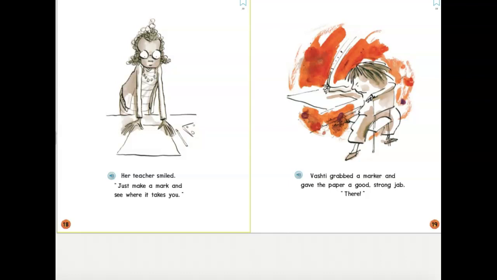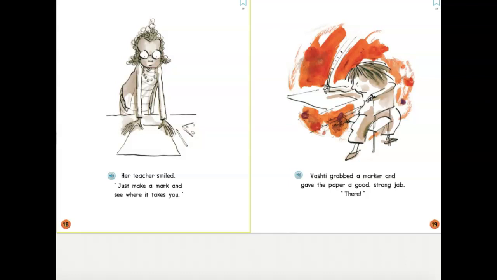Vashti grabbed a marker and gave the paper a good, strong jab. "There!" How do you think Vashti may be feeling right now? It uses the words grabbed and jab.